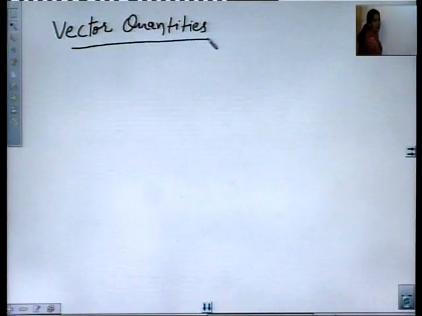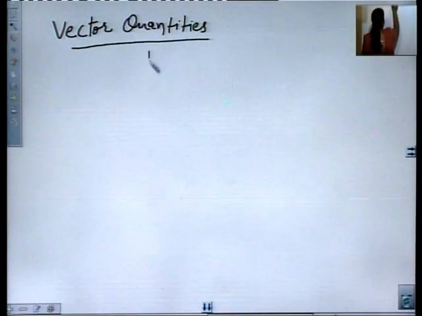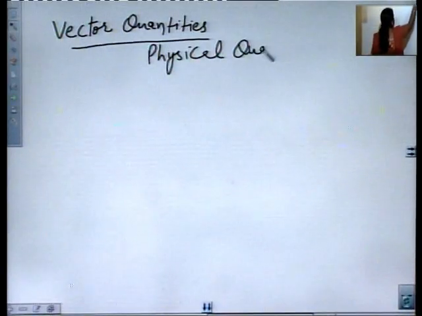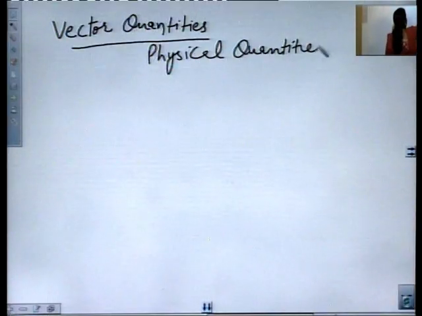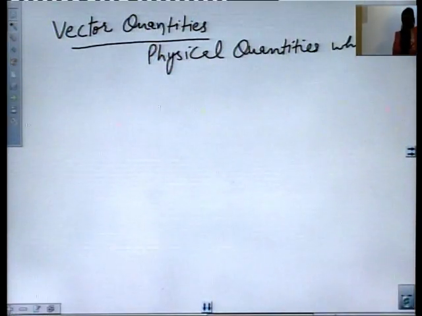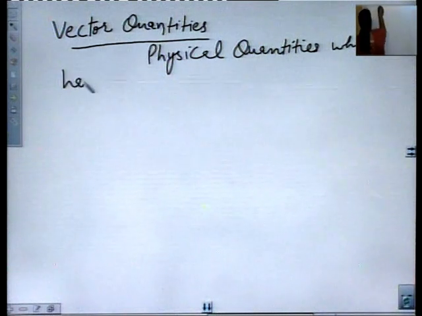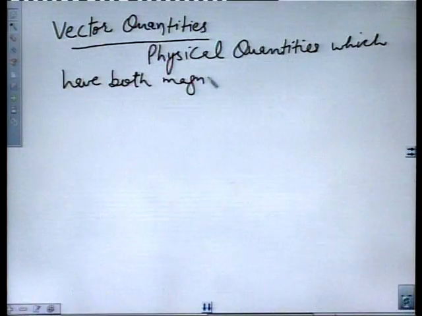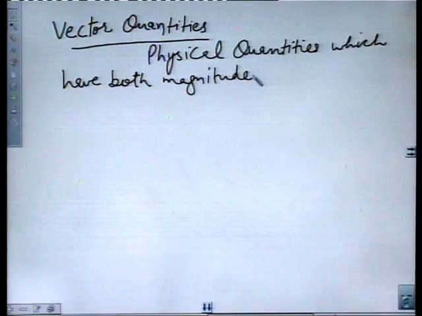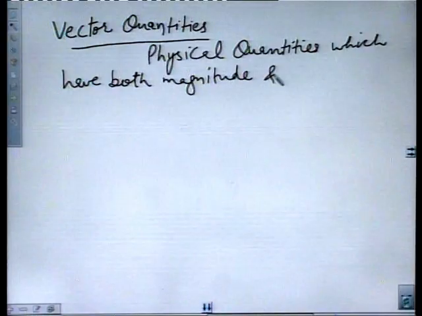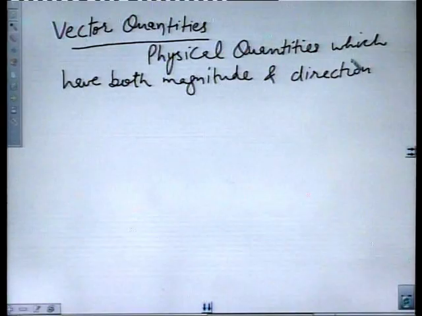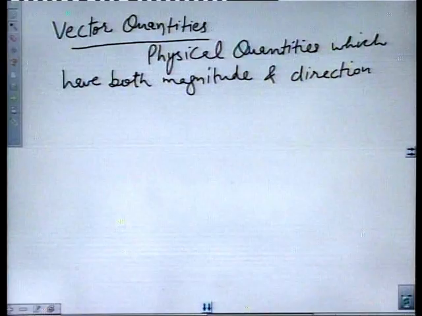Vector quantities are those physical quantities which have both magnitude as well as direction. The quantities which represent both the magnitude and direction are called vector quantities.